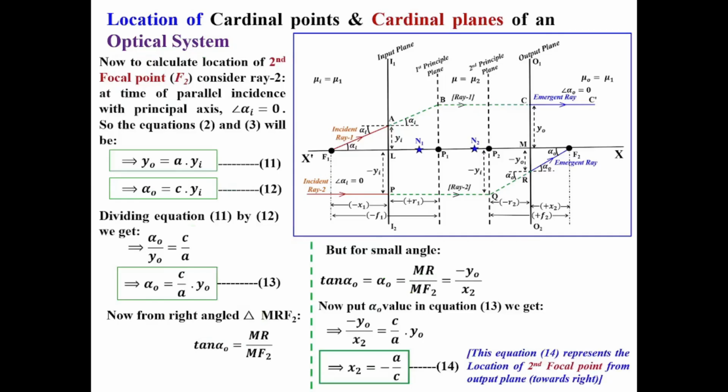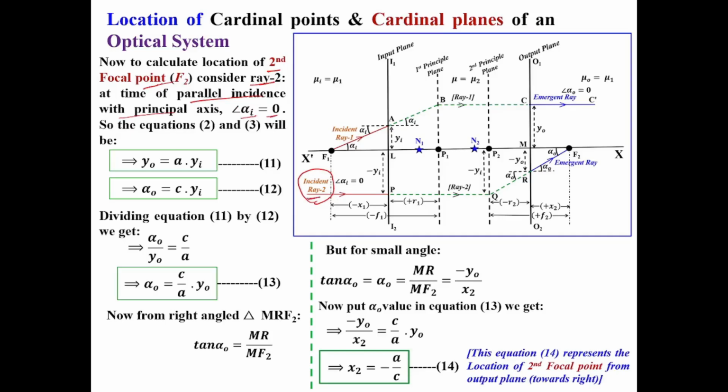Here in this slide we are going to calculate the second focal point F2. For that consider ray 2. This is your incident ray 2. At the time of parallel incidence with the principal axis, alpha I angle equals 0.